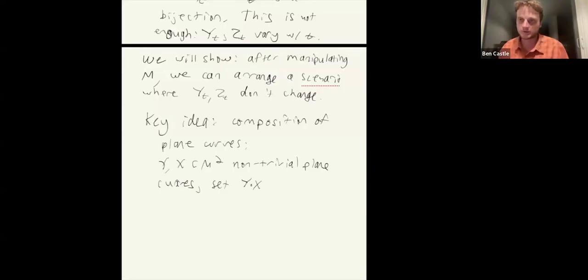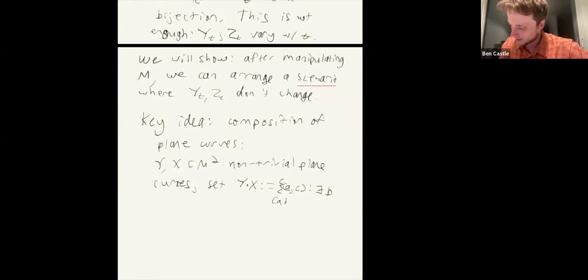Basically you just take the composition of functions, except they're not quite functions, they're curves. So y composed with x is going to be the set of (a, c) such that for some b, (a, b) is in x and (b, c) is in y. That's the composition, and y composed with x is also a non-trivial plane curve.